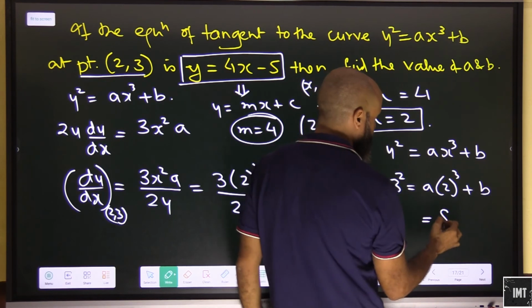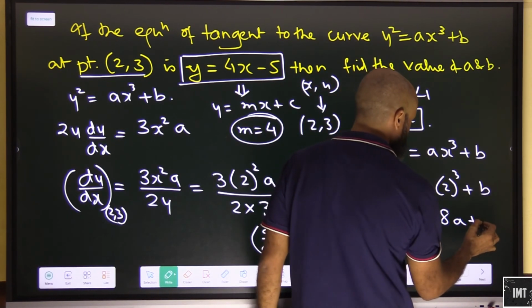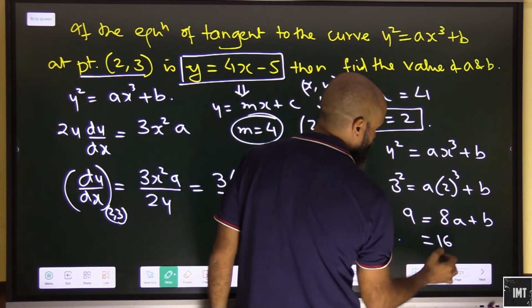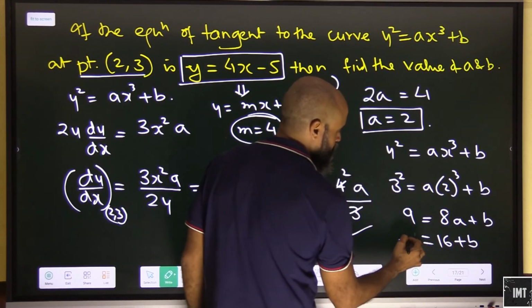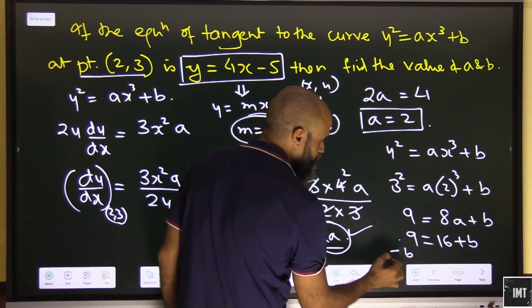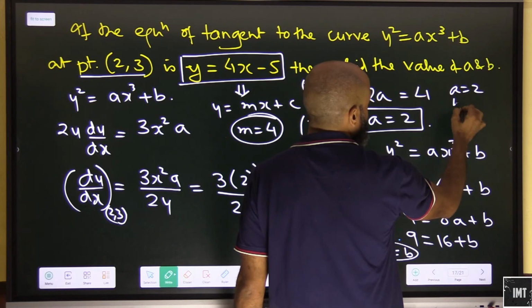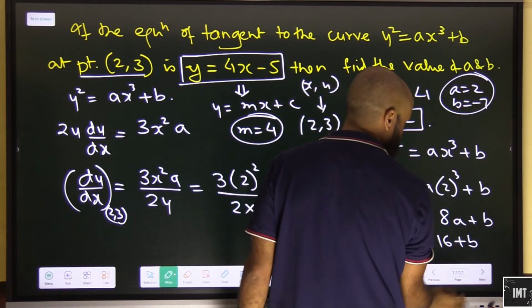So that will be 8a plus b is equal to 9. Putting the value of a that we have already calculated, it will become 16. 16 plus b is equal to 9. So b will be basically minus 7. So these are the two values. A is equal to 2 and b is equal to minus 7 from this equation.